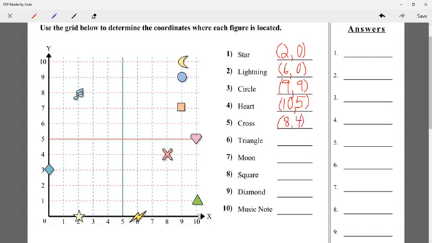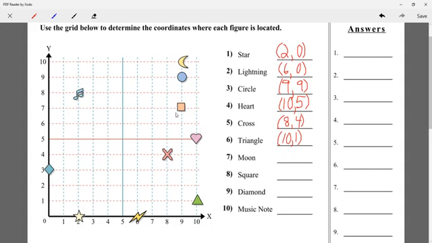Triangle. 10 on the x-axis, 1 on the y-axis. And as I mentioned, since they both have the same number for the x-axis, that means they are on the same vertical line, right? They're both on this 10 line right here.